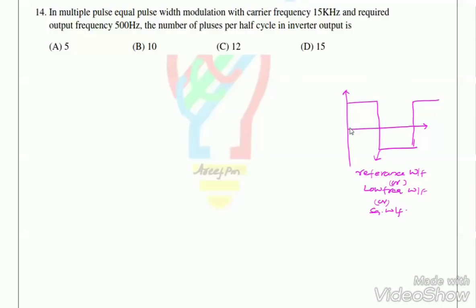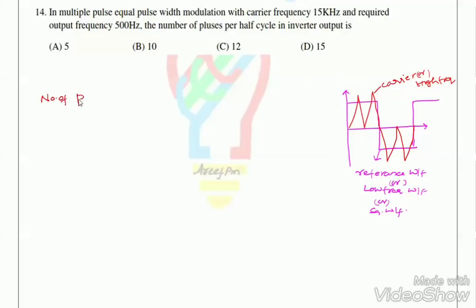Next, the carrier is a triangular wave like this. So like this we will have the carrier. This frequency is known as carrier or high frequency.